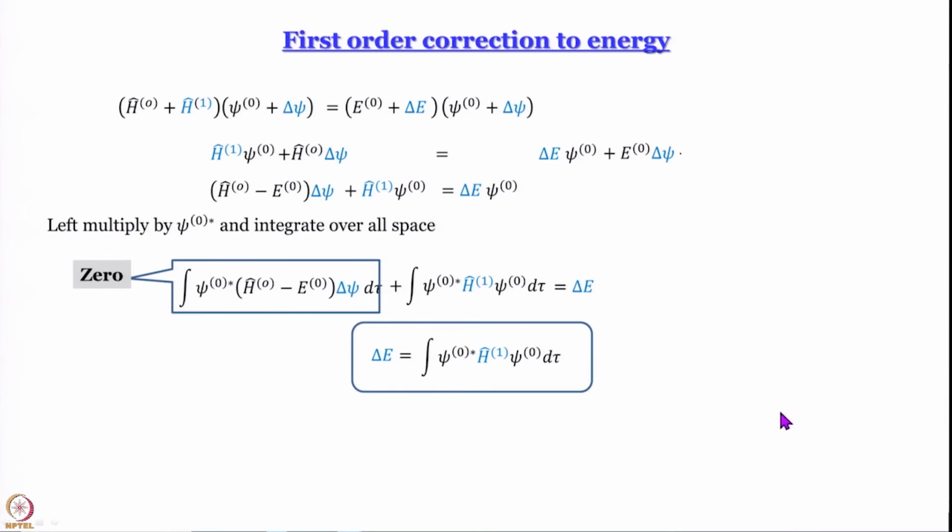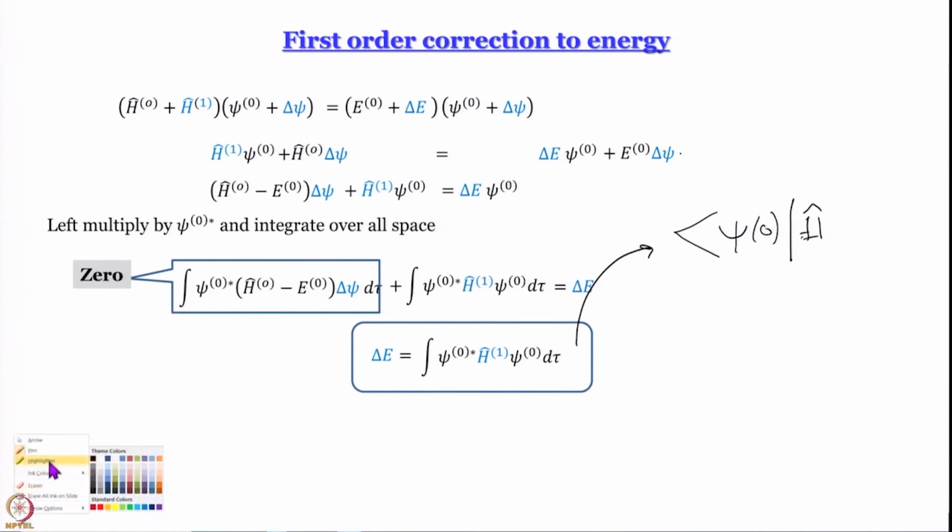Another way of writing it, in Dirac notation, which is often done, as we have discussed a little bit, is we can write this same thing as psi 0th, H hat, psi 0th, integrated over all space.